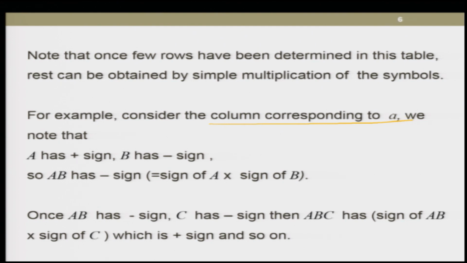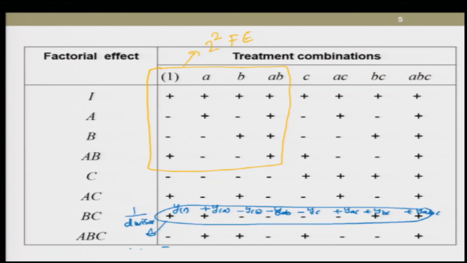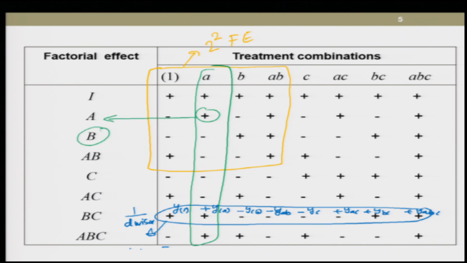So you can see here, suppose I consider the column corresponding to A, right. I will use a green color pen here. You can see this column, right. This A has a plus sign, and this B has a minus sign.